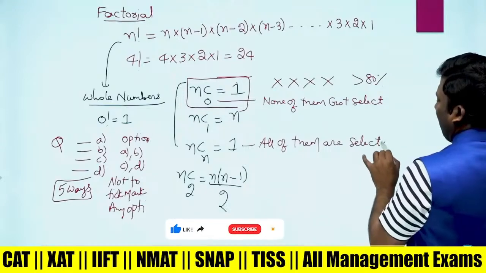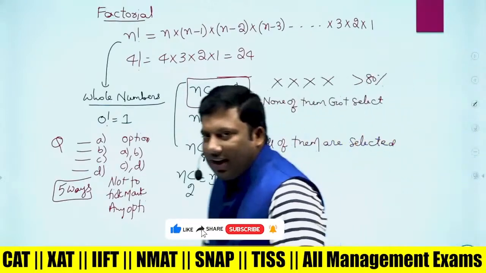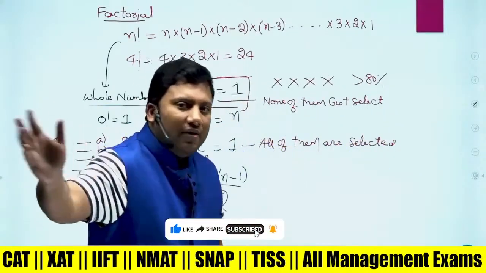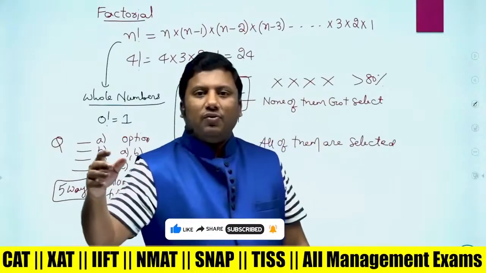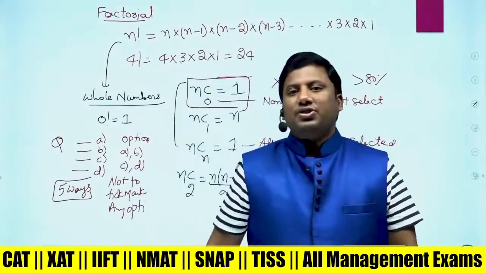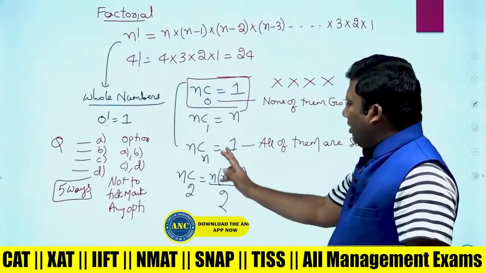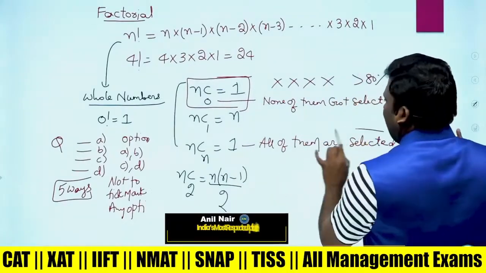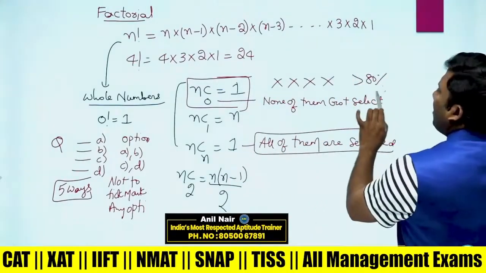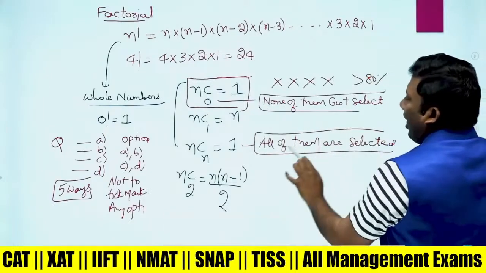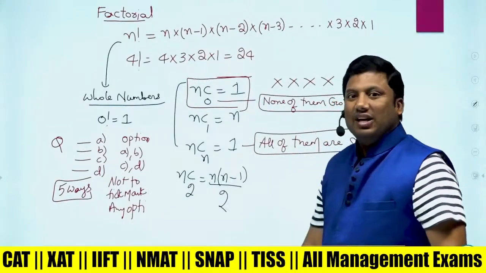It is only 1. I said to each and every one, there is no class today, which generally I will not say. Come, let's play in the ground. So all of them selected is 1 way. None of them selected is 1 way. And all of them selected is also 1 way.